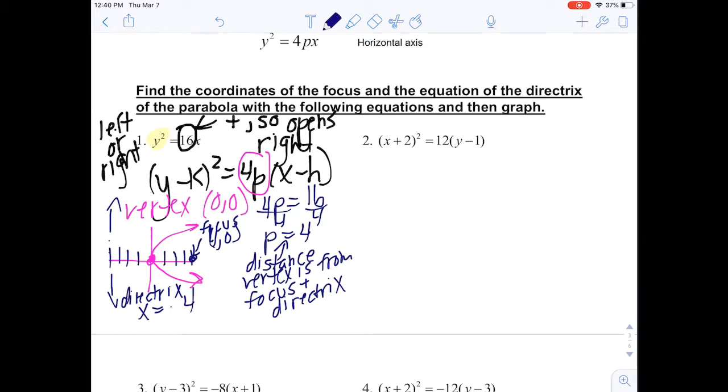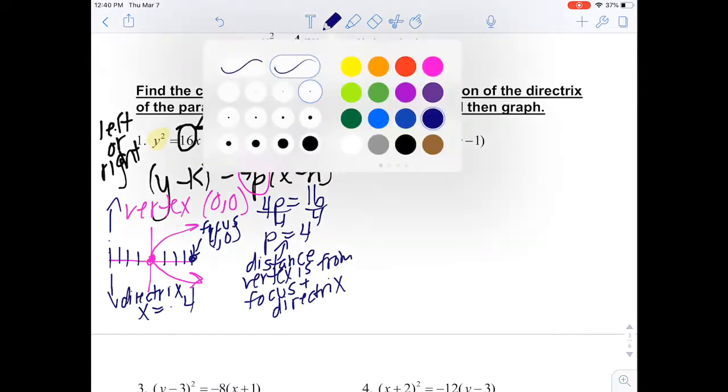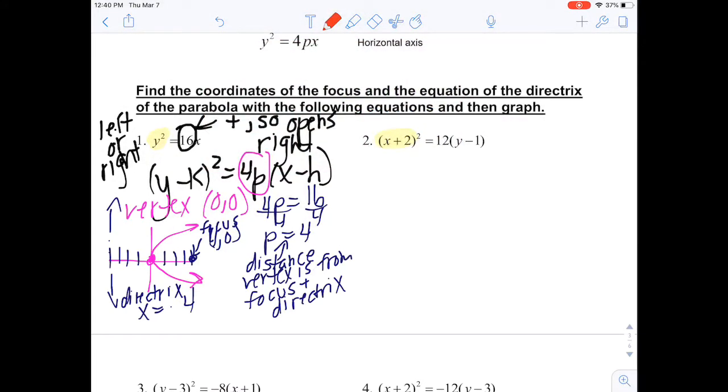Okay, so the next one, number 2, now we have the x squared. So I notice the x squared. That tells me that I'm going to have a parabola which is going to be opening up or down.